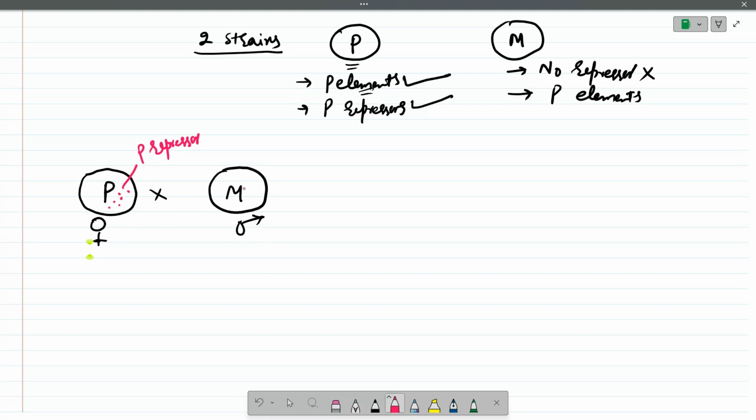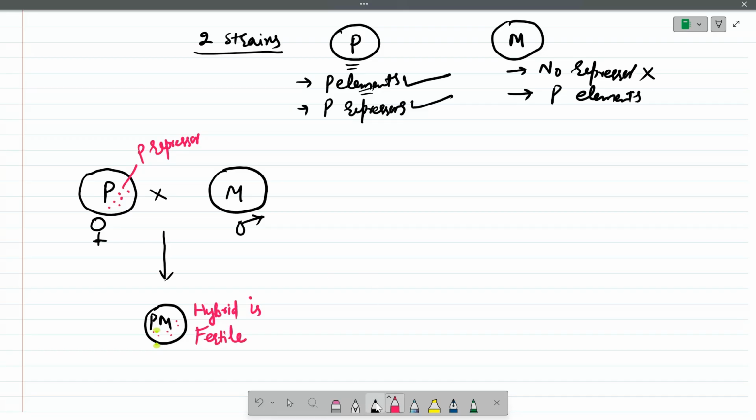In case of the male, there are no P repressors, and no P elements as well. So what happens here? The hybrid produced will have these P repressors in the cytoplasm, and hence the P element, which is also inherited from the mother, will not be able to move. So this PM hybrid here will be fertile, not sterile, we should say. The hybrid is fertile.